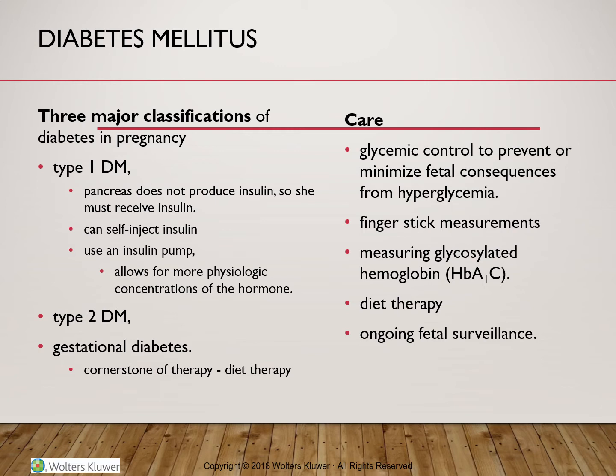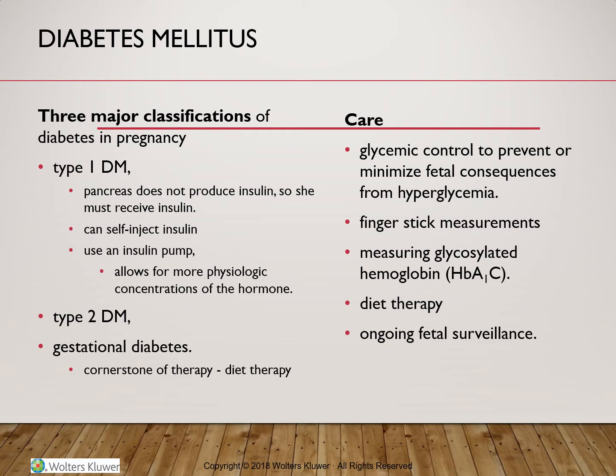The elements for a challenge test are as follows. The woman will present to the testing center after she was fasting since the night before. And the blood draw will be taken, and the result should be for a fasting patient under 95 milligrams per deciliter. A challenge glucose test will be given, and the woman will drink that, and 3 consecutive blood draws will be done at 1, 2, and 3 hours after that.